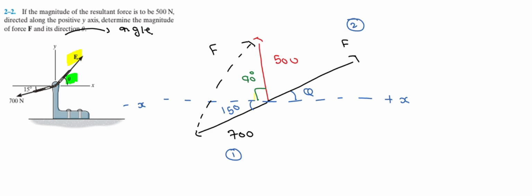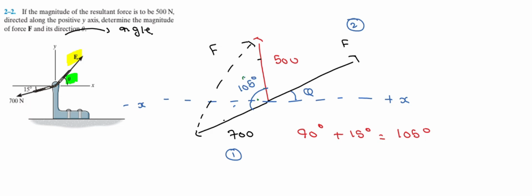So what about this whole angle? This is nothing but 90 degrees plus 15 degrees, and we get 105 degrees. So the angle between 500 Newton and 700 Newton is 105 degrees. I hope you get it. This one whole is 105 degrees.